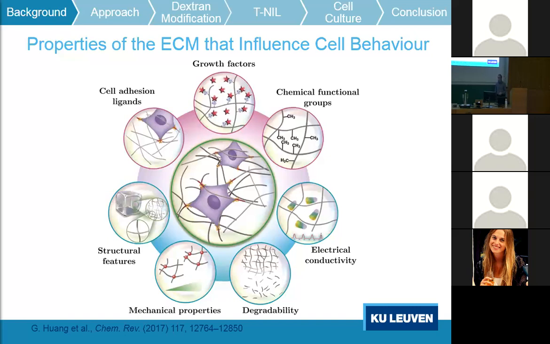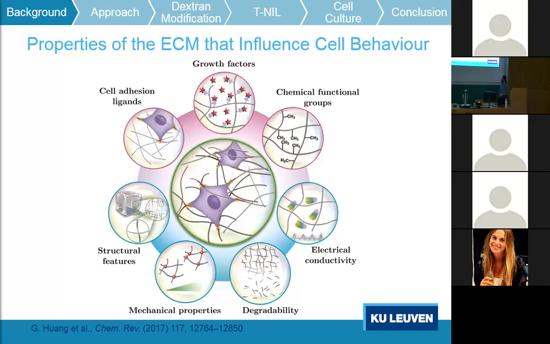And then you have a lot of other properties that are not so, say, biologically conventional. And these are different physical and chemical properties of this environment. So for example, the different chemical groups covering the material can influence, in a way, how cells behave when interacting with it.